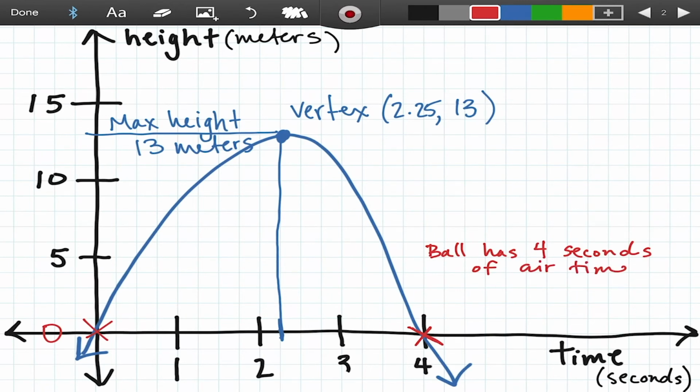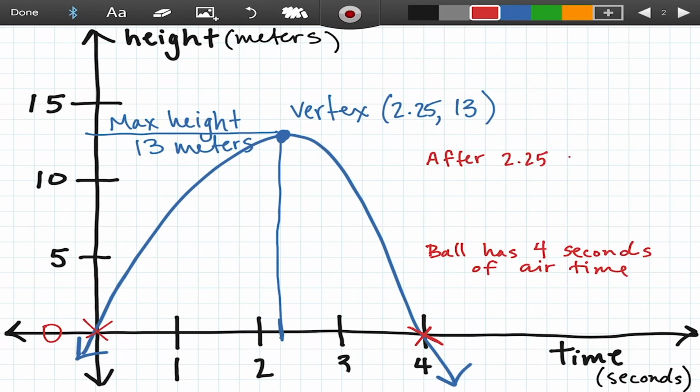I don't know if that's realistic or not, doesn't really matter. Okay. You can also say that, what can we say? After 2.25, it really should be 2 seconds if this is accurate, but just based off my graph, it's not super accurate.